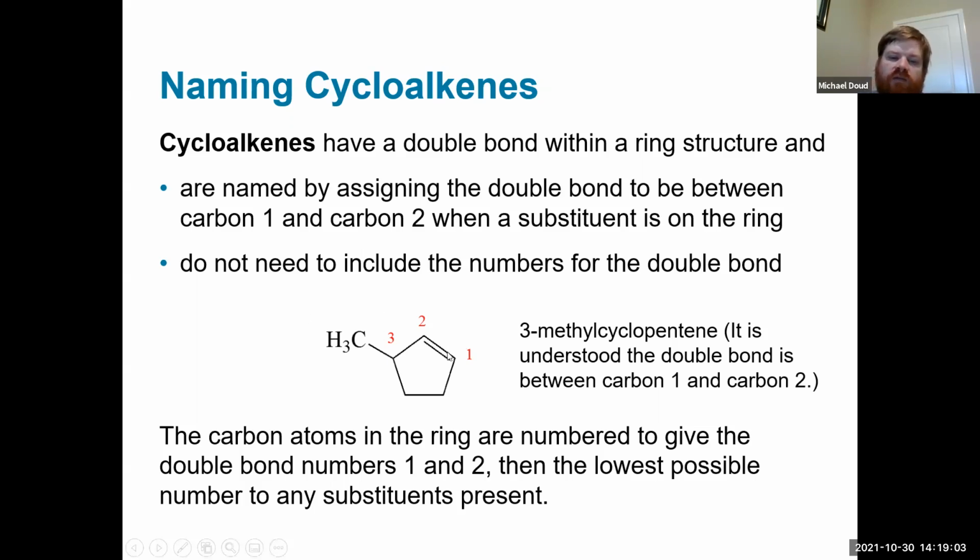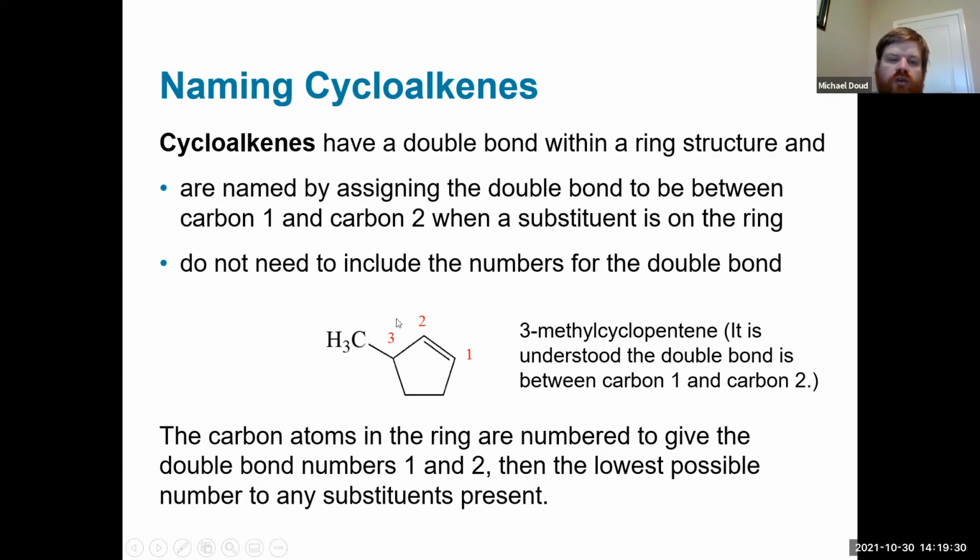So in this case, we have a double bond between these 2 carbons. So we know that they've got to be 1 and 2 in some order. And then we have a methyl group next to this side of the carbon. So when we number it, we're going to want to number it 1, 2, 3, like what we see here. Now, technically, you could do 1, 2, 3, 4, 5, but that would increase the numbering on this substituent here. And remember, we always want to reduce the number when we can.